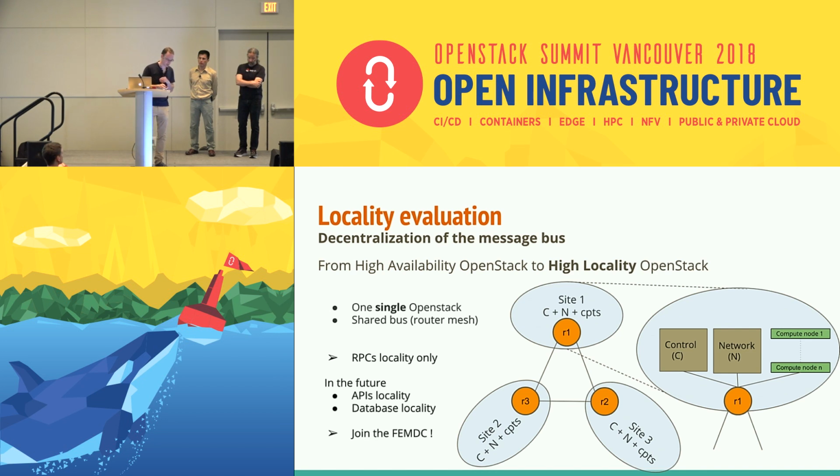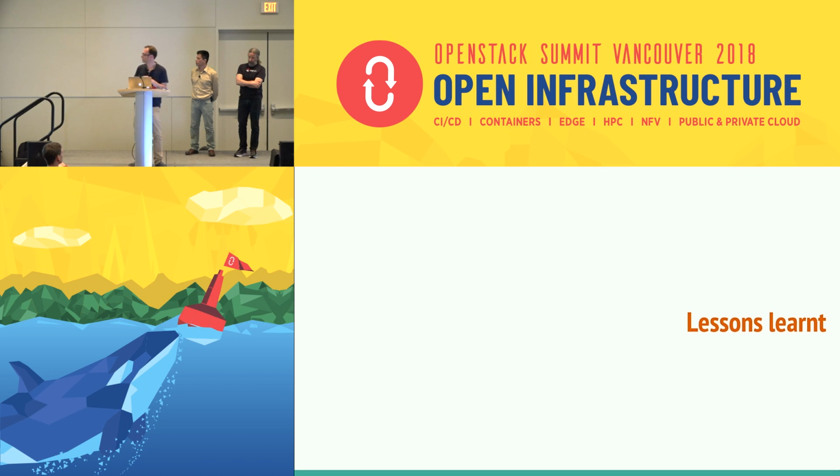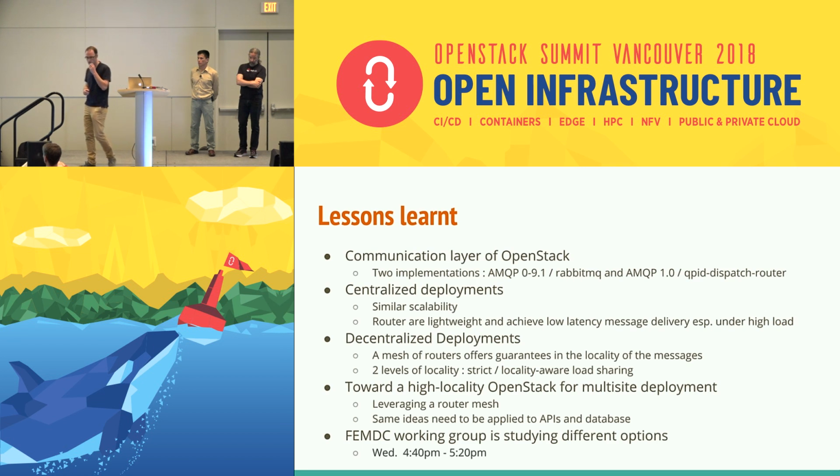So, as a conclusion today, what have we learned. First of all, Oslo messaging supports two implementations for the messaging layer. The first is AMQP 0.9, with the familiar RabbitMQ driver, and AMQP 1.0, which is the new driver leveraging the Qpid Dispatch Router technology.